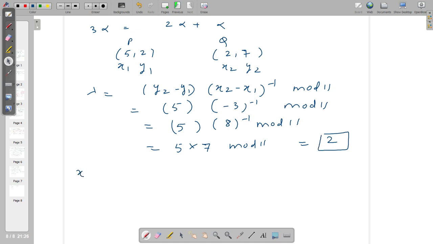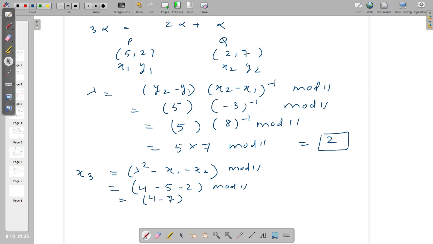So when lambda is 2, x3 is equal to lambda square minus x1 minus x2, and this is mod 11, and it comes out to be 4 minus 5 minus 2 mod 11. So it comes out to be 4 minus 7 mod 11, and it is minus 3 mod 11, which comes out to be 8. So this is x3.